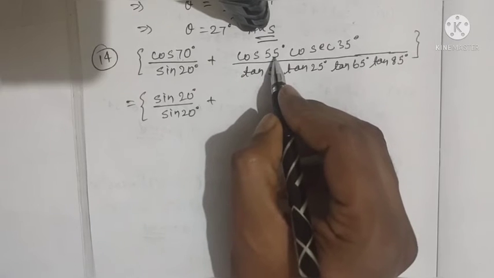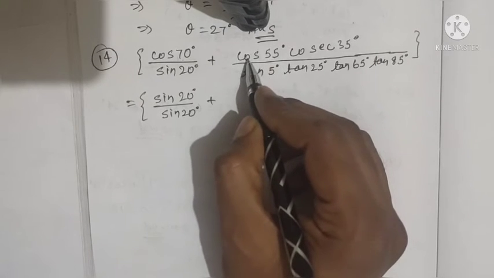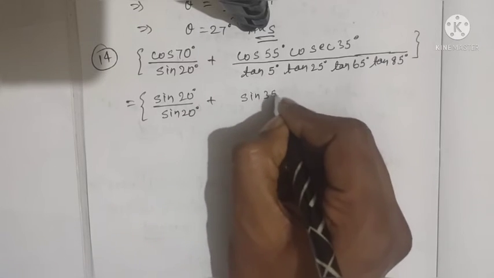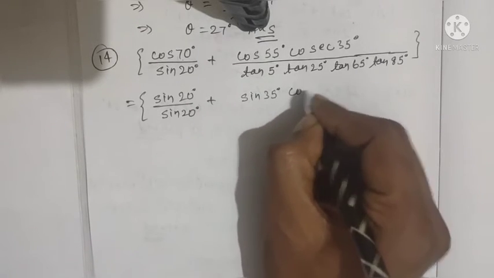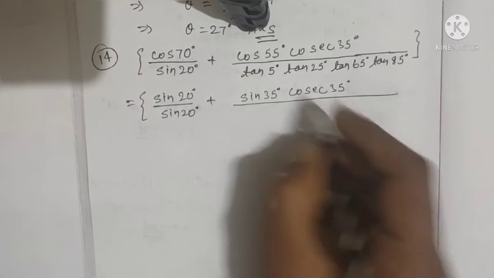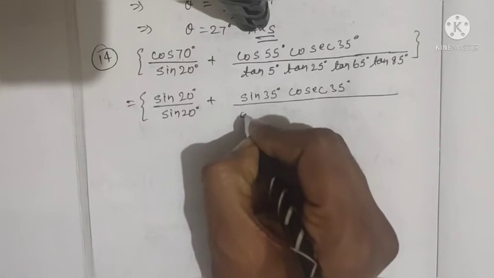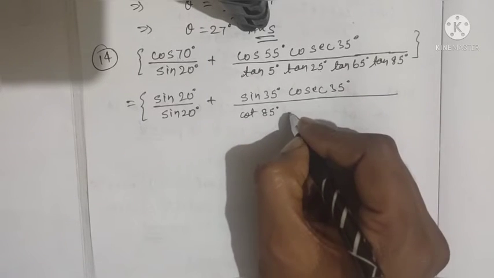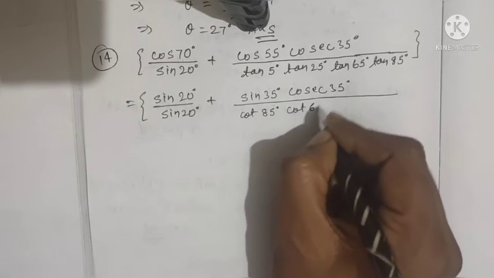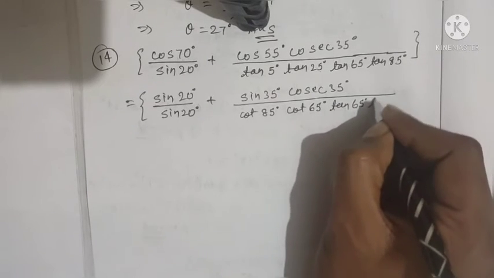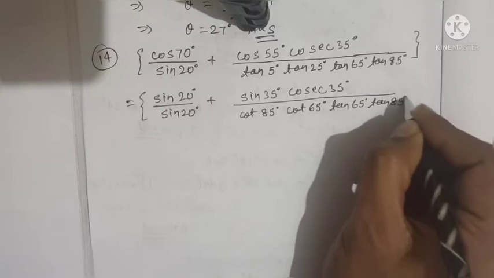Now cos 55 degree will be equal to sin 90 minus 55 degree means sin 35 degree, and then cosec 35 degree divided by tan 5 degree will be equal to cot 85 degree, and tan 25 degree will be equal to cot 65 degree. Now tan 65 degree and tan 85 degree.